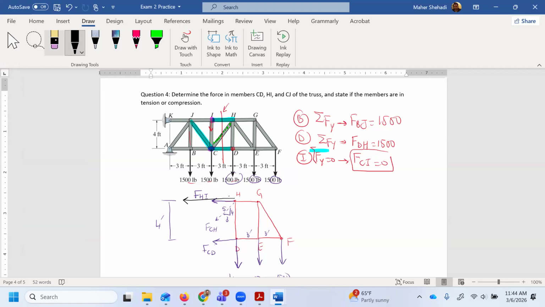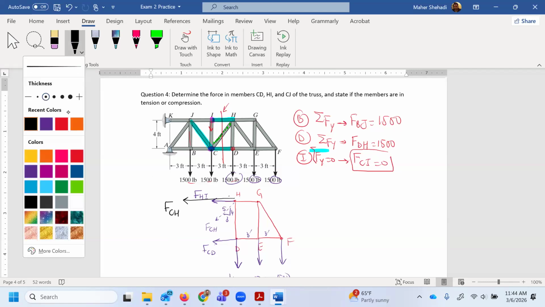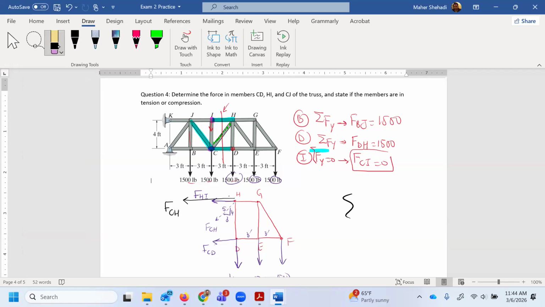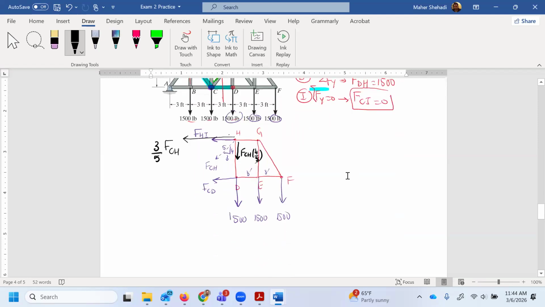That's FCH. FCH times the X component, so 3 divided by 5. And then we have here FCH 4/5. Okay, we're good now.